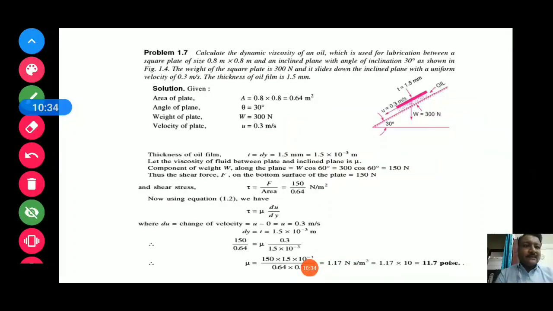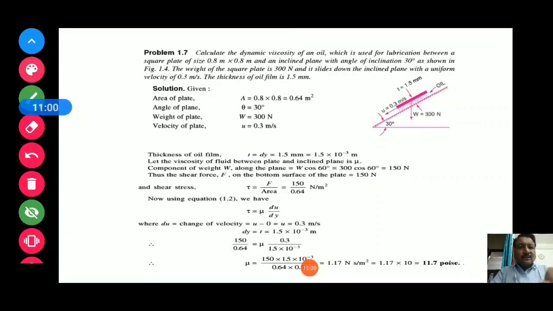Now see, the given data is the area of the plate, the angle of the plane, that is 30 degree, the weight of the plate, that is 300 Newton, and the velocity of the plate, that is u, equal to 0.3 meter per second. Now we are going to solve the problem.